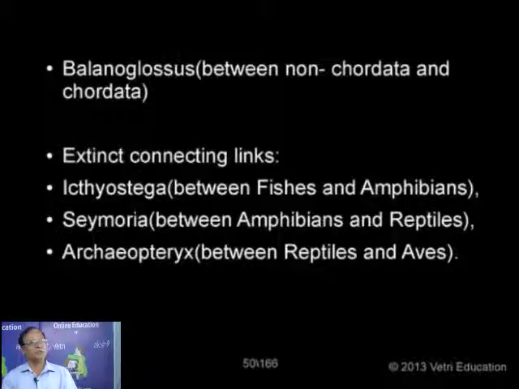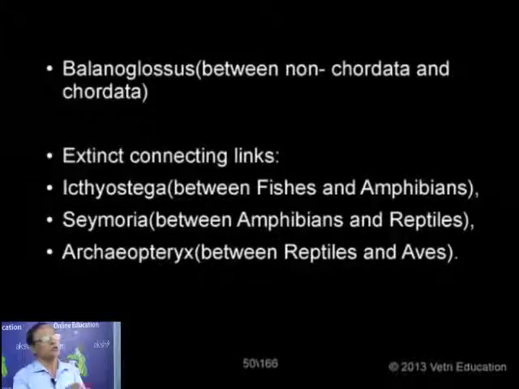So Archaeopteryx, the most important fossil bird, is responsible for showing the connecting link between reptiles and birds, and also exhibits that birds have evolved only from reptiles, not from any other groups.